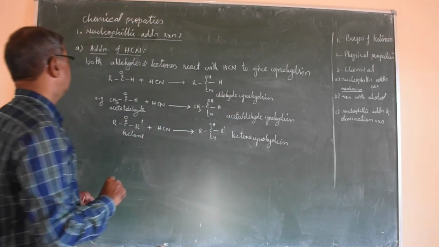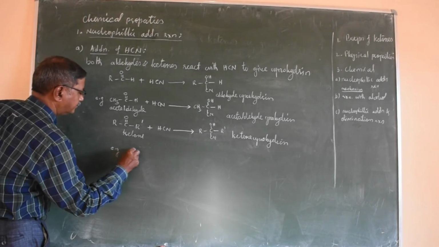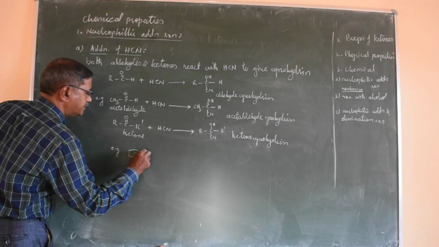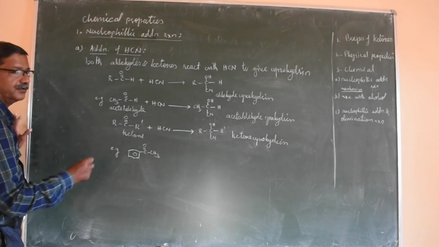You may write any example. I am writing acetophenone. We know the formula for acetophenone: C6H5 C double bond O CH3. It's a bulky group.